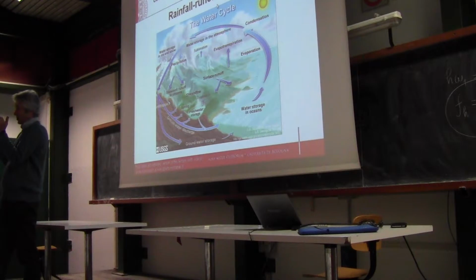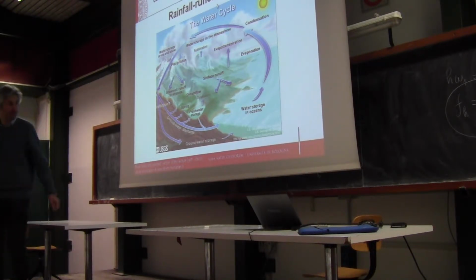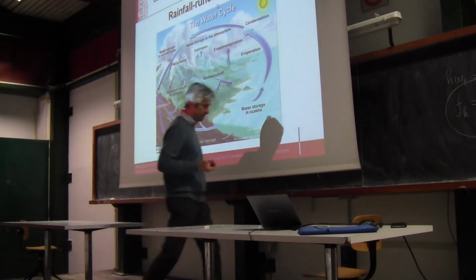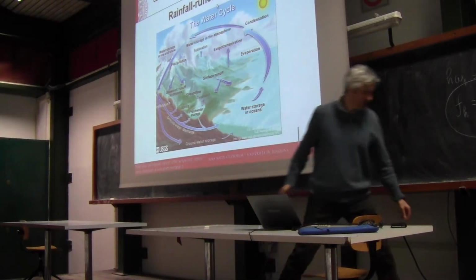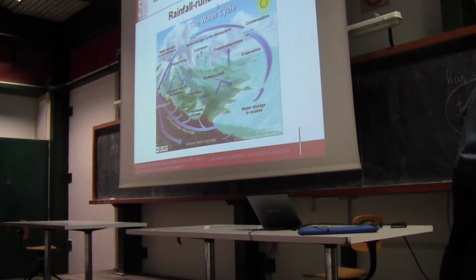So the next question is how to quantify wet and dry through a variable. And the variable may be the storage. Water storage. So let me use the blackboard to do this.